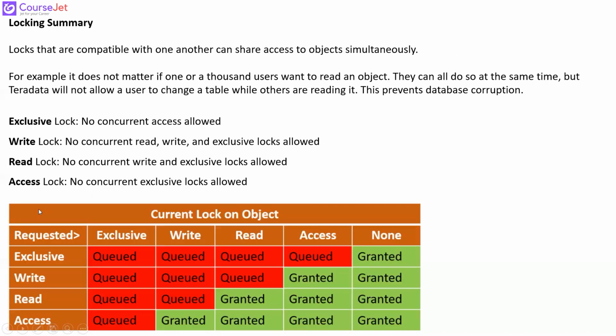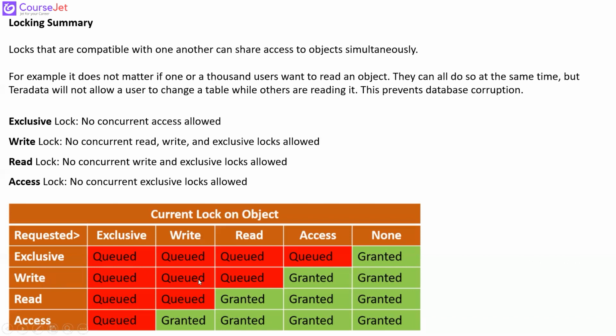Okay, so below is the pictorial representation of the same. There is a request coming in. If you have an exclusive lock, then only that will be granted, and all the remaining ones will be blocked, which means they are in the waiting queue. If you have a write lock, then the access lock alone will be granted. You can simultaneously write, and the access lock can be granted permission.